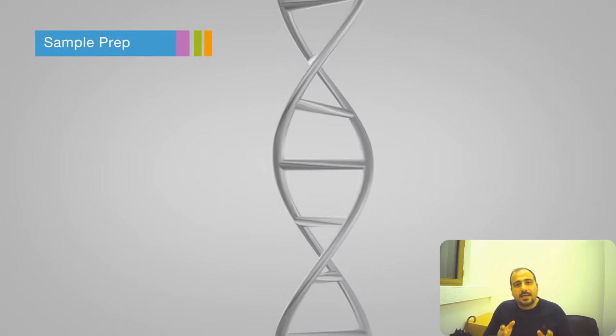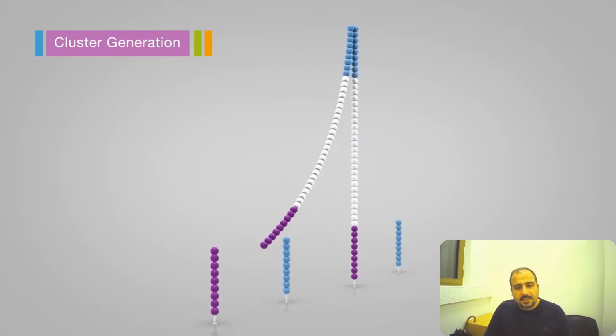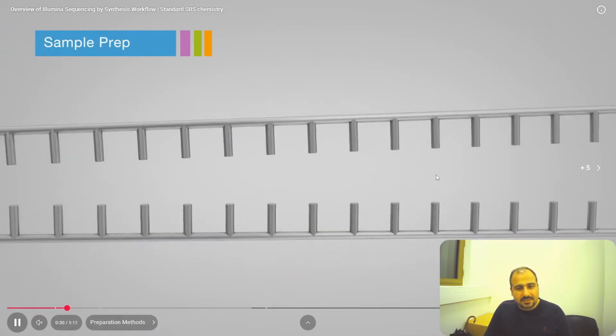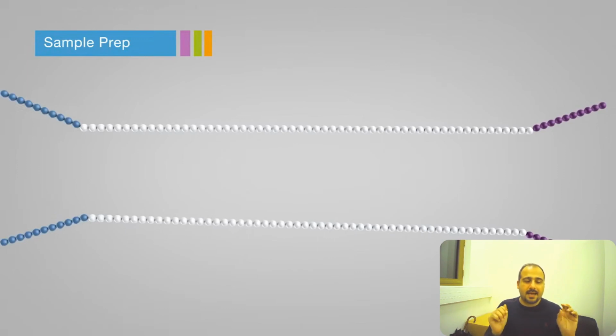All right, now look, guys, these sequences. First, let me give you an introduction here, then it will explain sample prep to you. As you can see here, there's a white fragment that represents the DNA sequence of my patient. On both sides of it, we attach two small DNA fragments during the steps of sample preparation before sequencing.